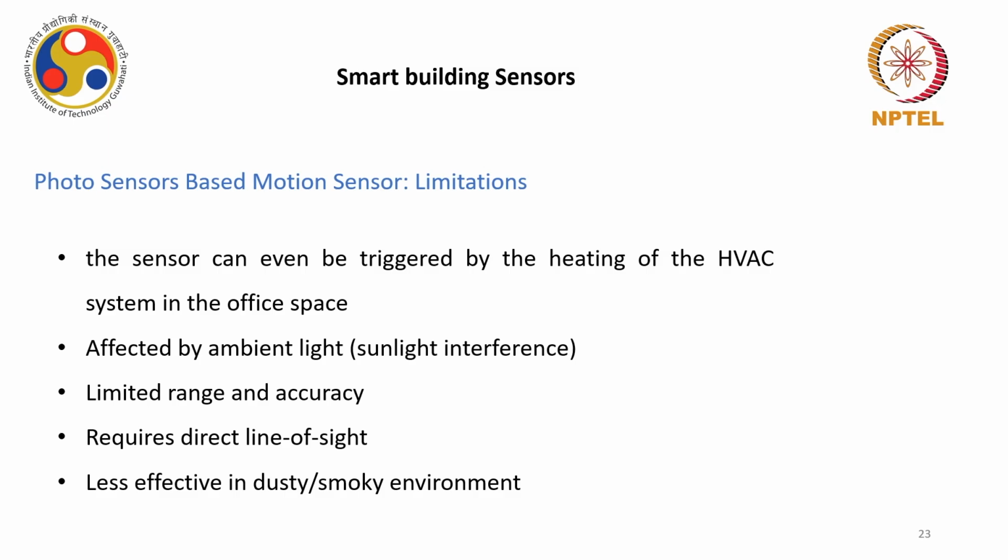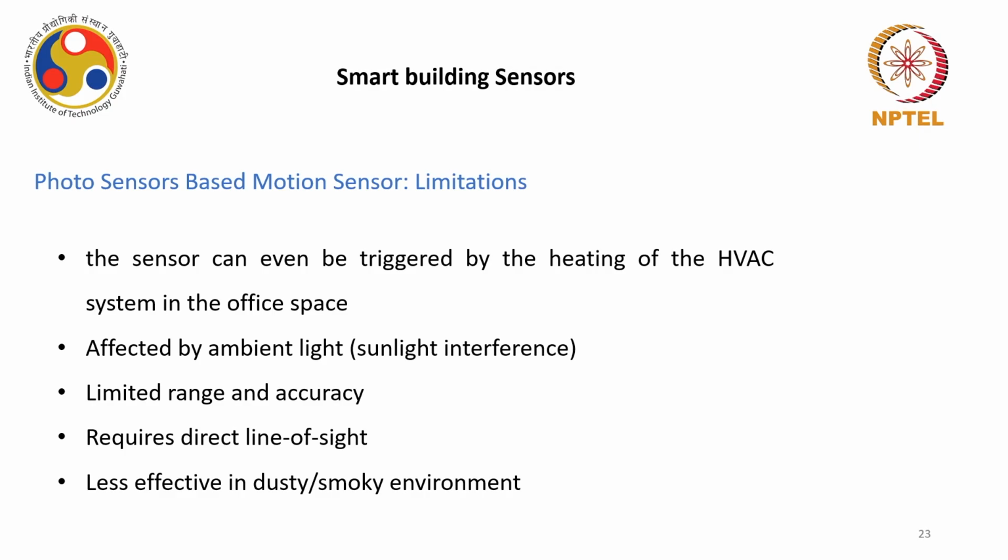It is affected by ambient light, and it can even be interfered with by sunlight, because it contains all kinds of wavelengths, particularly in the visible light. They have limited range and very limited accuracy. So you cannot use them for all applications, only for crude applications.